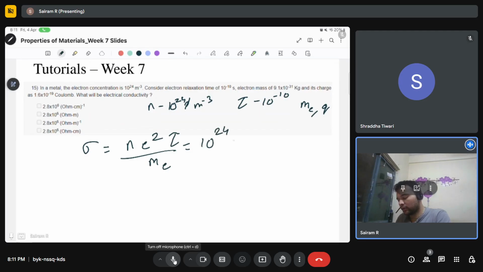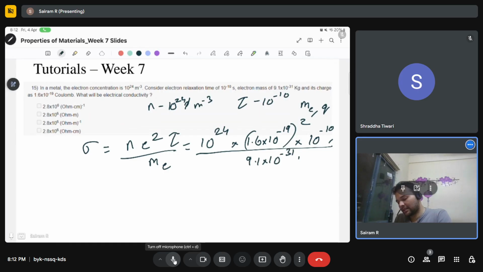10 power 24 into e square, which is 1.6 into 10 power minus 19 coulomb, squared, and then we'll have the relaxation time, which is 10 power minus 10 seconds, divided by me, which is 9.1 into 10 power minus 31 kg.